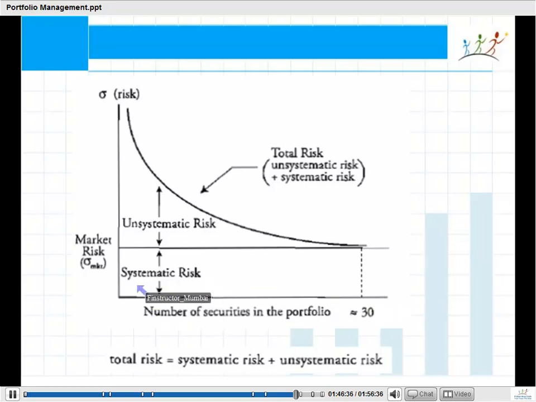So, if you have just one stock in your portfolio, the x-axis in this curve is the number of securities and the y-axis in this portfolio is the total risk of the portfolio. So if you just have one stock in the portfolio, then the risk will be very high. Why? Because there will be systematic risk also and there will be firm specific risk also. However, as you add more and more stocks to your portfolio, the systematic risk you can do nothing about.